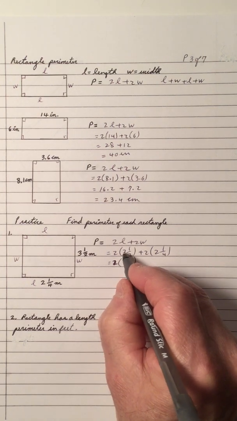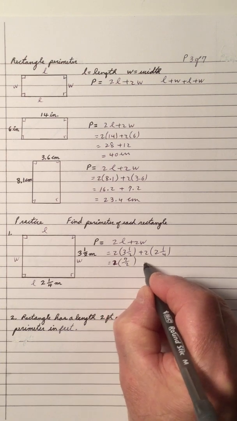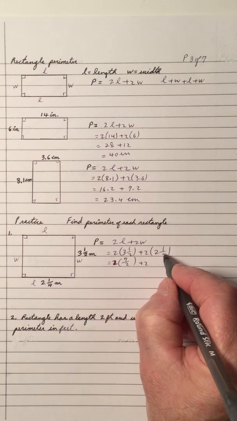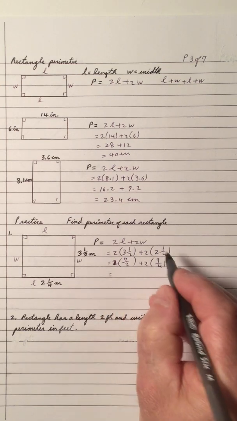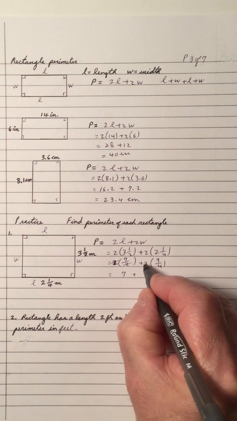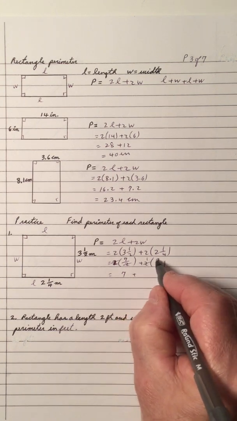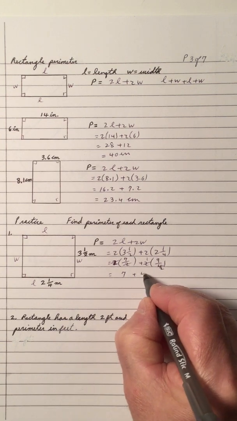So what we do, we go 3 times 2 is 6 plus 1 is 7. So that's 7 over 2. 2 times 4 is 8 plus 1 is 9. So that's 9 over 4. And we can cancel. 2's cancel. I get a 7. 2 cancels. And I get 9 over 2. 9 over 2 is 4.5.